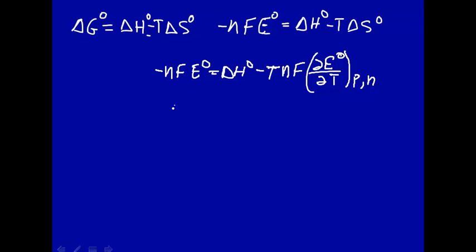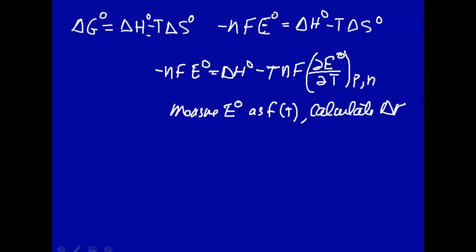If you measure E0, the standard cell potential, as a function of temperature, you'll get a slope here. Everything else is known: n and F and T at some particular temperature, so different temperatures will give you different points here. You can calculate delta H0. Okay, that's interesting. So electrochemistry can be used to calculate standard enthalpies of reaction.